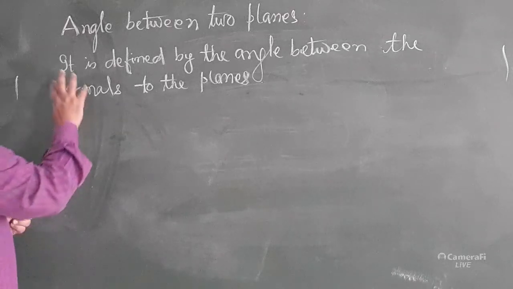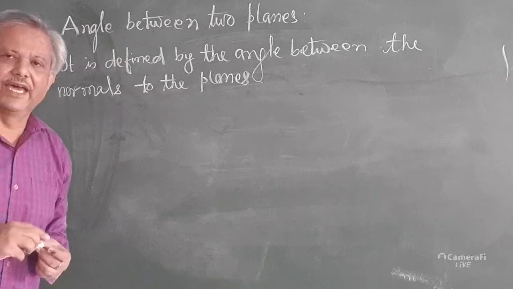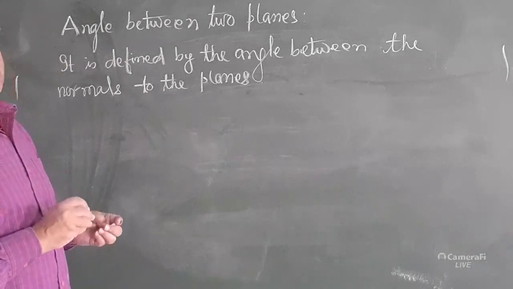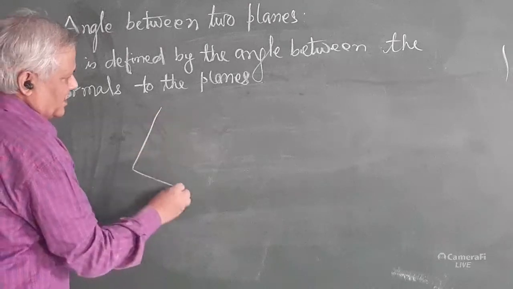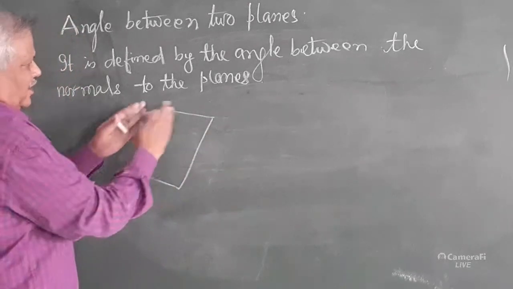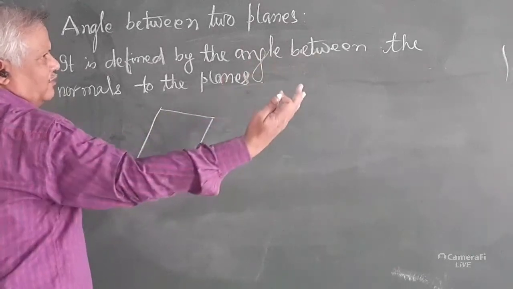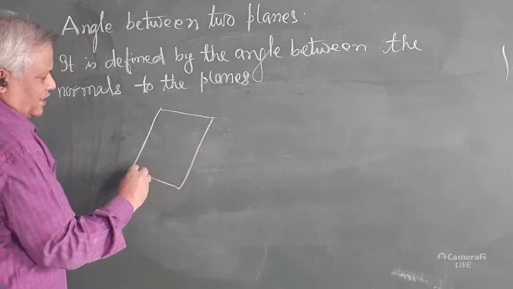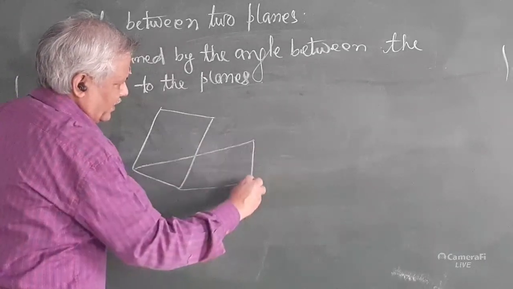So, using this, we shall find the formula to obtain the angle between two planes. Suppose this is one plane. A plane is not bounded like this; it extends all round up to infinity. And suppose we have another plane here.